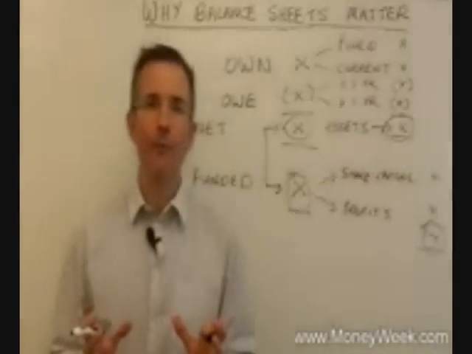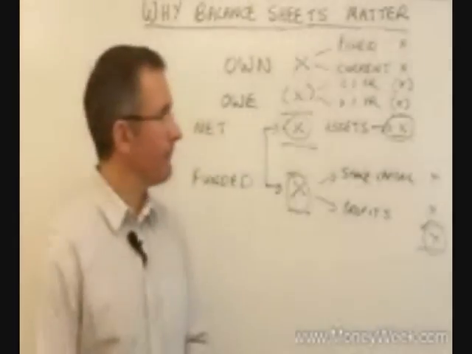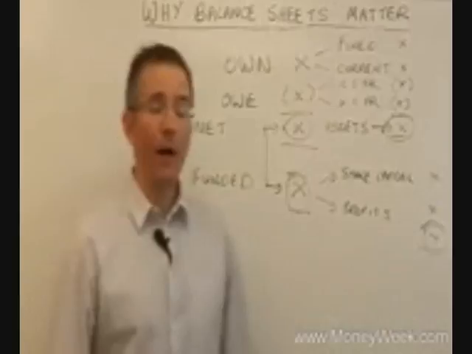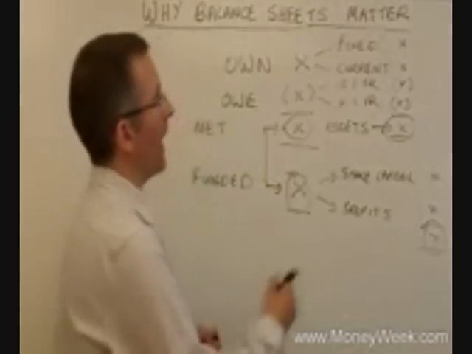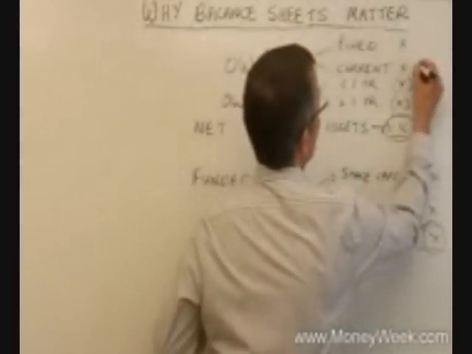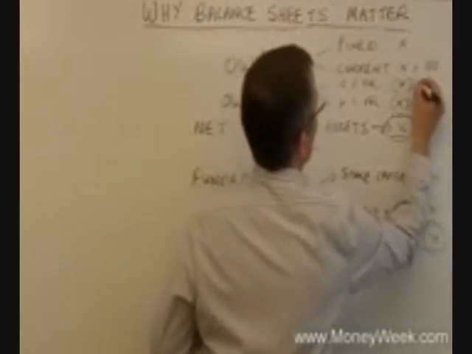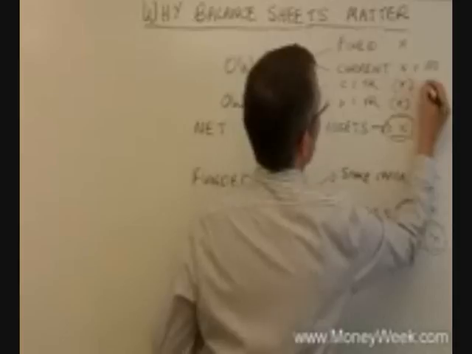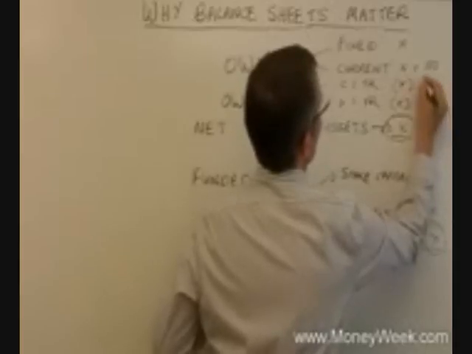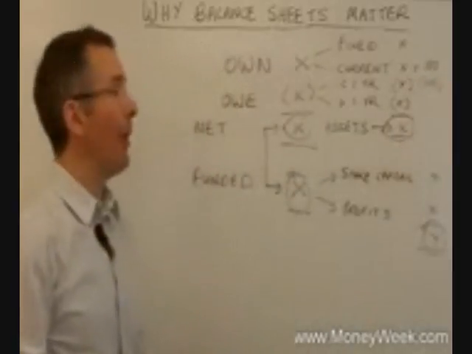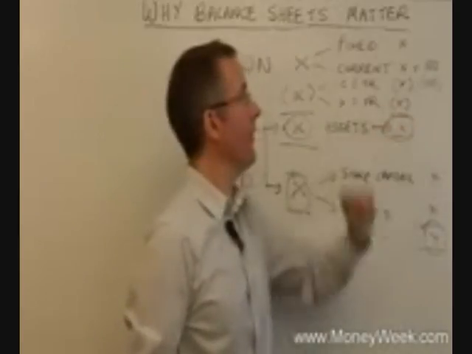If, for example, I were to borrow £100 as an accountant, I would raise my current assets by 100 cash, and I'd also raise my current liabilities by 100 because I've got to pay it back at some point. Net effect, 0.